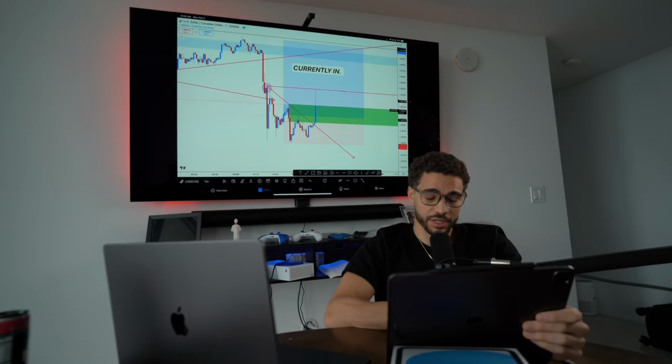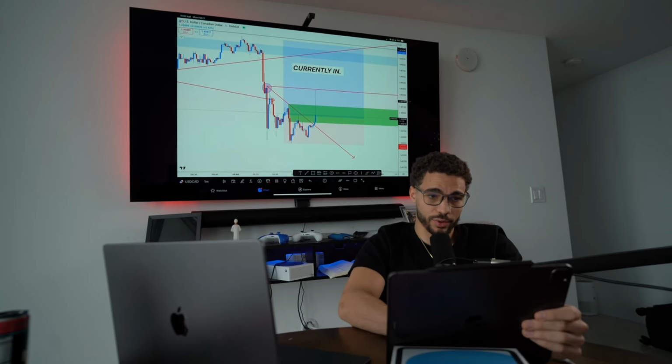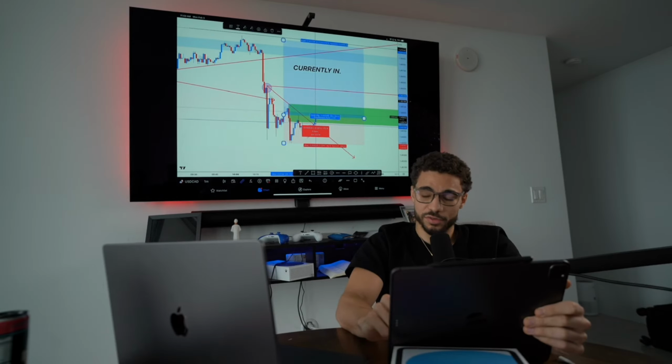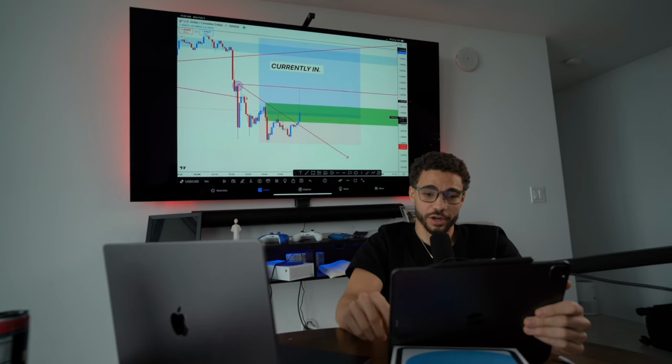If we could break above that, I think it's going to be great. Bro, that is a crazy candle. Look at the... There was 52 pips in that candle. 52 pips.